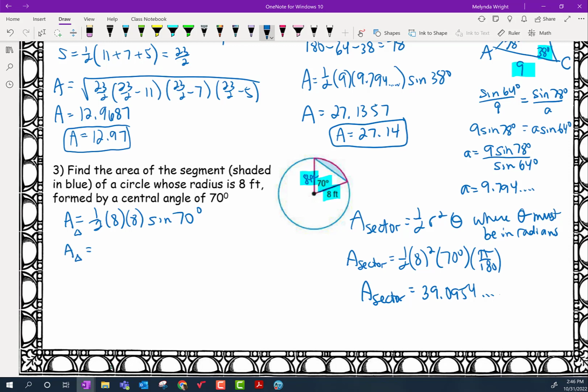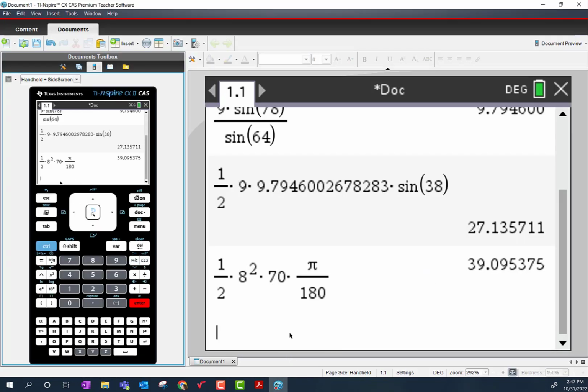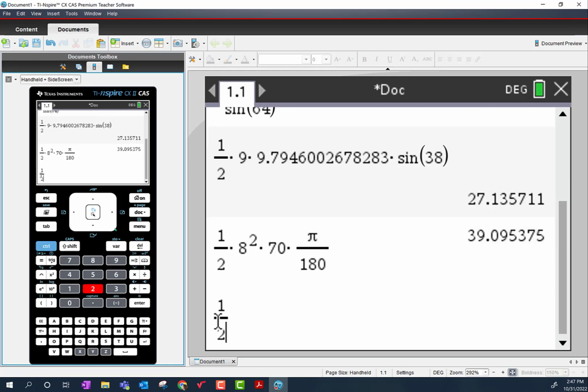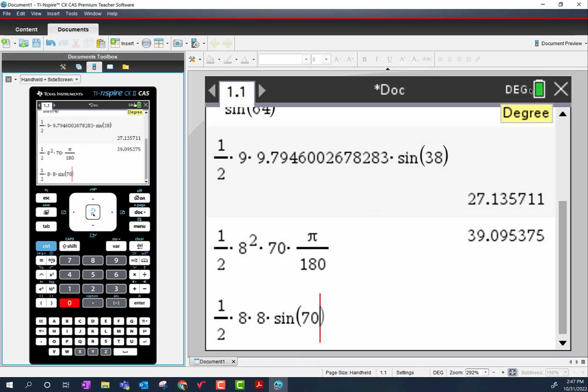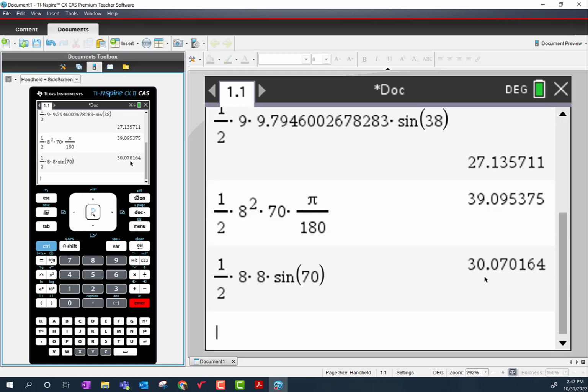Let's go back to our calculator: 1/2 times 8 times 8 times sine of 70 degrees, and I am still in degrees, so it's not a problem. Control Enter. There's my triangle area, 30.070, etc.